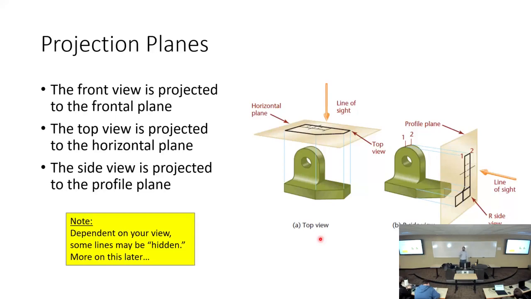The one thing I would mention is that as you're drawing an object, you might find a situation where some lines are hidden. Okay, just to make the point of what I mean by that, I'm going to test my 3D art skills.